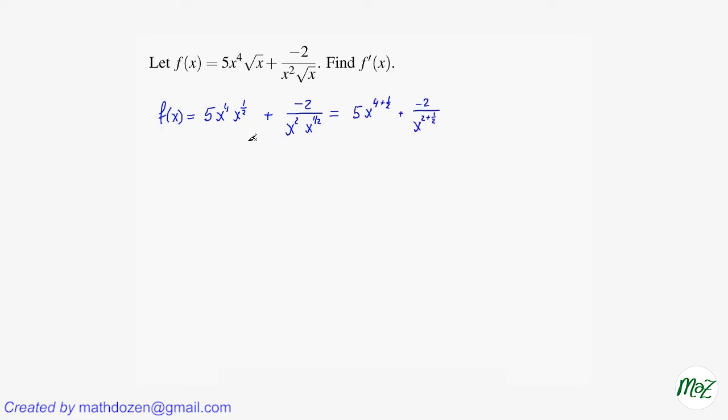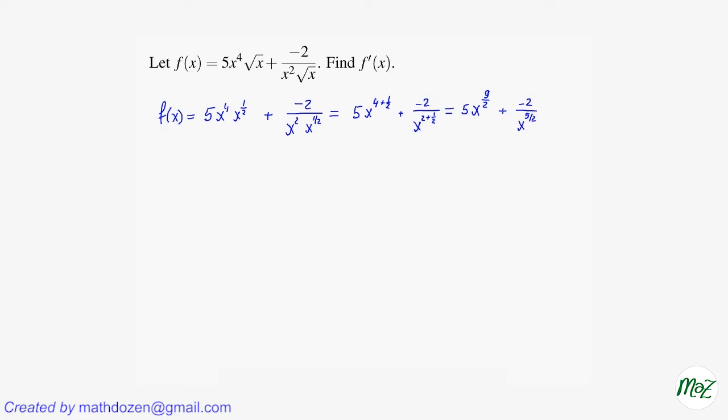After that, we combine x to the 4th and x to the 1/2 into x to the sum of the exponents. Likewise, in the denominator of the second fraction, we get x to the power 2 plus 1/2. This simplifies to x to the power 9/2, that's 4 plus 1/2, and x to the power 5/2 in the denominator of the second fraction.